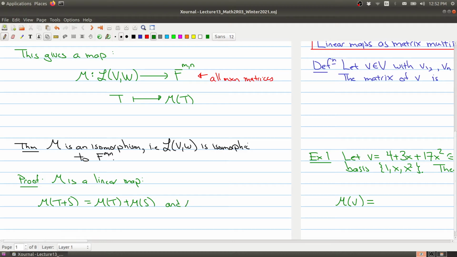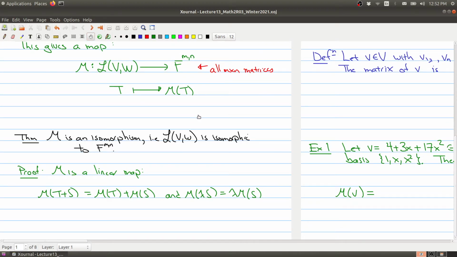And another property that we saw is that if you take the matrix associated to a scalar product of a linear map, that's the same thing as taking the scalar times the matrix that you get by taking the linear map S.